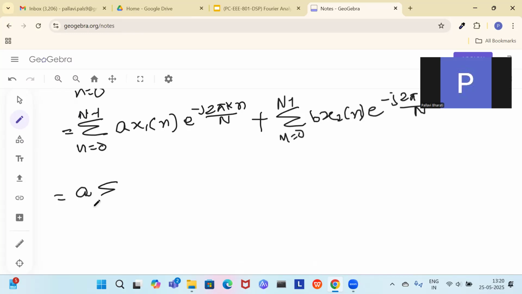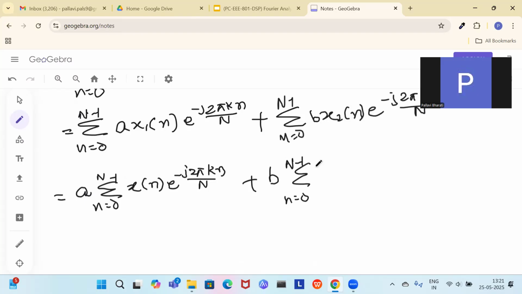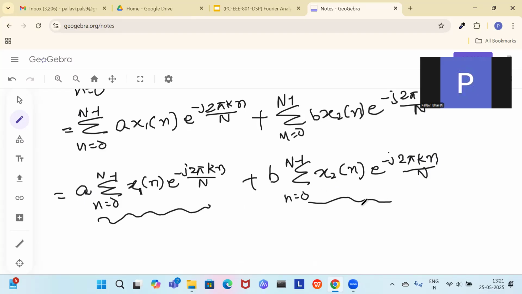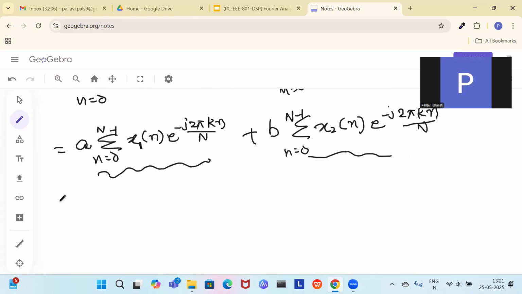This is a times the sum of x1(n) e to the power minus j 2 pi k n by N, and this side it will be b times the sum of x2(n) e to the power minus j 2 pi k n by N. Now this is the DFT of x1(n) and this is the DFT of x2(n). The DFT of x1(n), we have already assumed, is X1(k), and this one is X2(k). This is how you prove it.